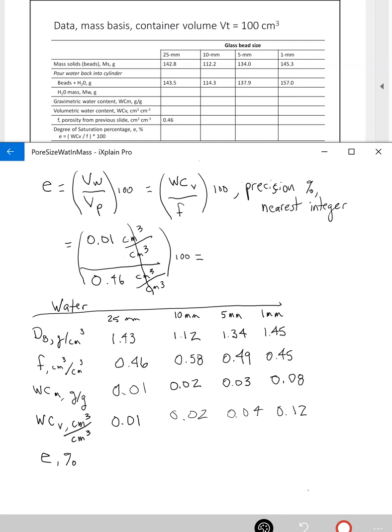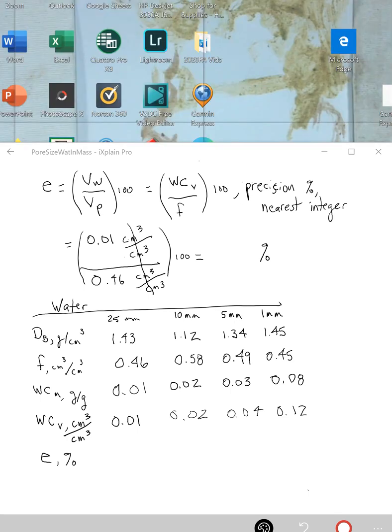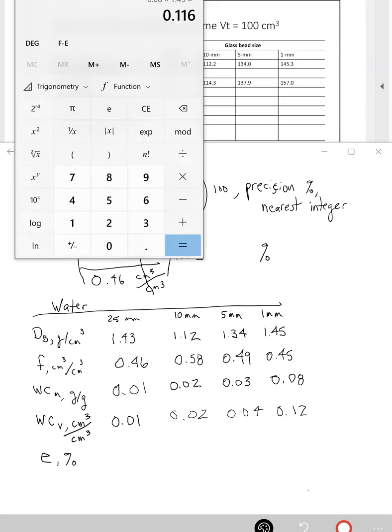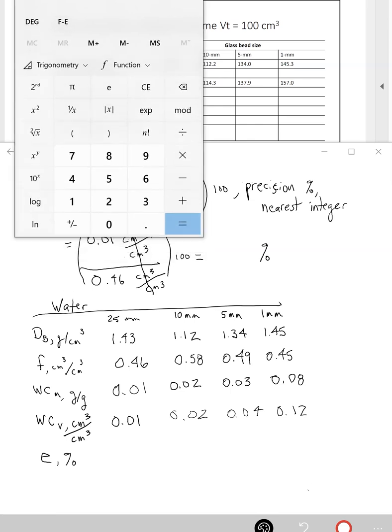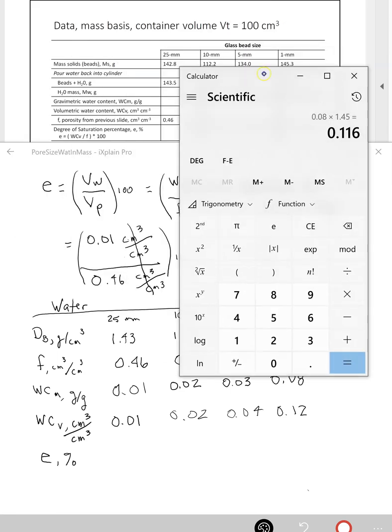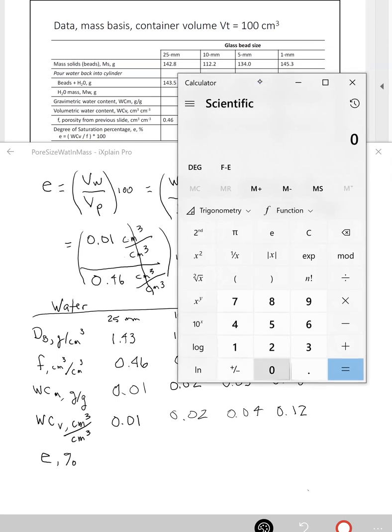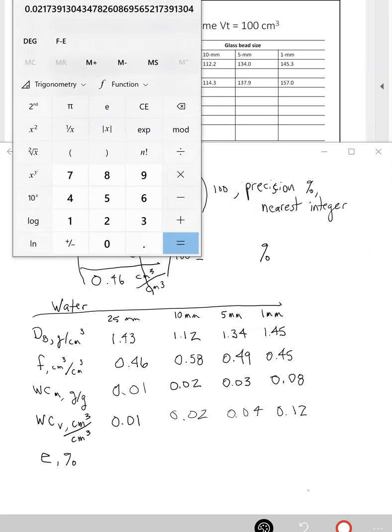In this case, all of our units are going to go away, and we're going to have an answer in percentage. Let's get our calculator out. We have 0.01 divided by 0.46. It's going to be about 0.2, so 2%. Since we're rounding to the nearest whole number, that is going to be 2%.